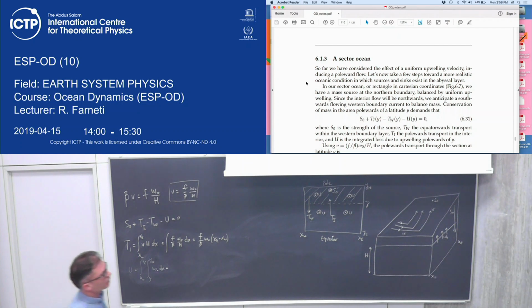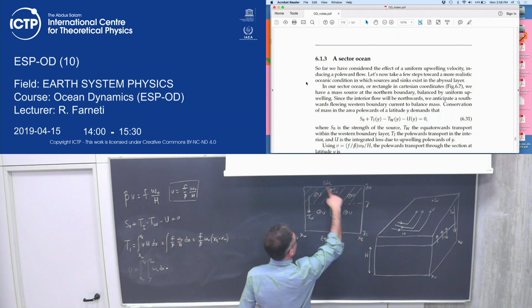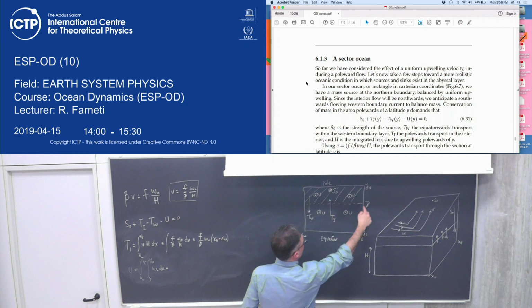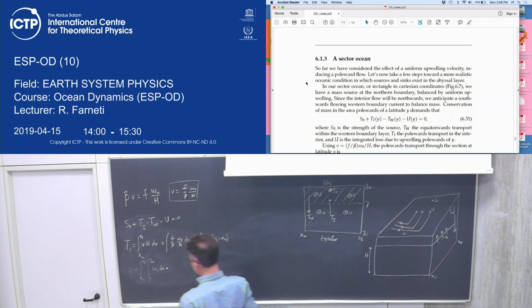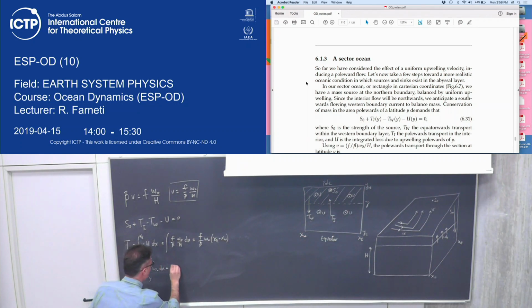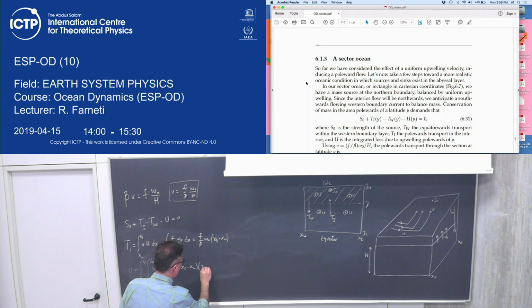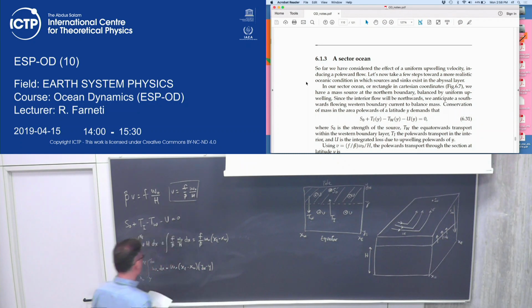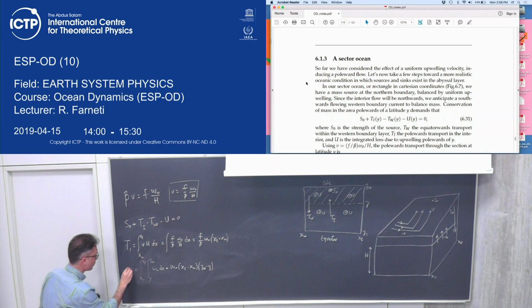Okay, so I integrate this upwelling throughout the area between x west, x east, y and y naught. And this is x east minus x west, y north minus y. Okay, so this is the expression for you.